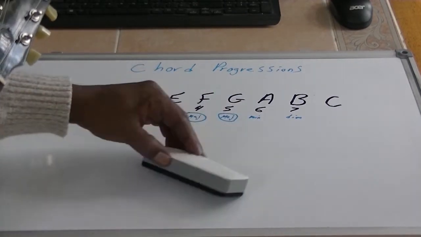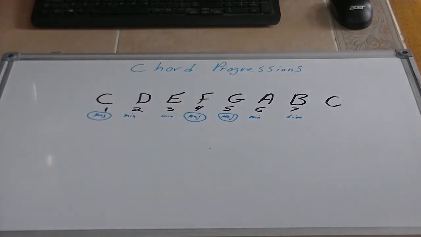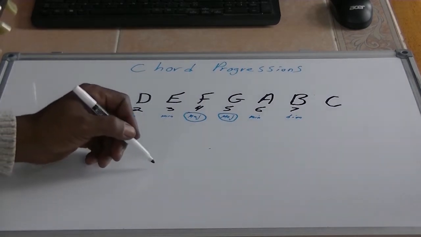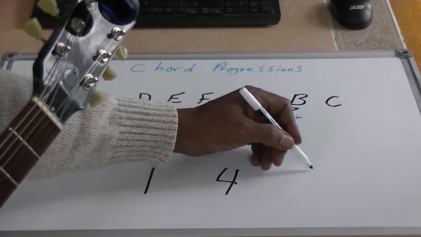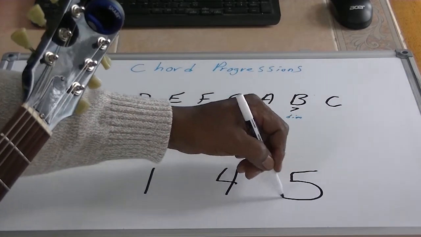The next type of progression I would like to look at is chord progressions that have 3 chords. The first progression I want to look at is what's known as the 1, 4, 5.